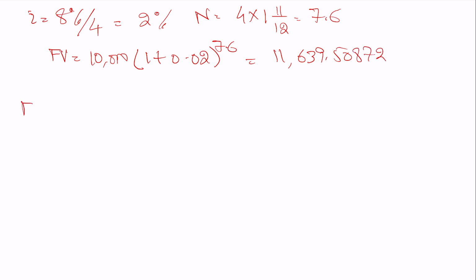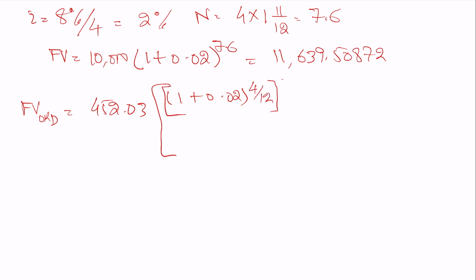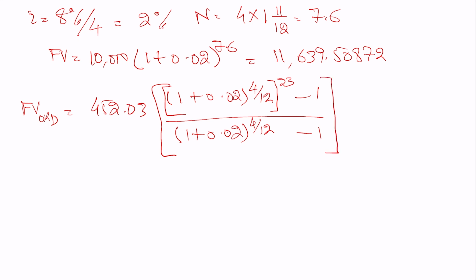And we also find out the future value ordinary with our PMTs, which is 452.03 times 1 plus 0.02 exponent 4 by 12, 4 by 12, and 23 minus 1 over 1 plus 0.02 exponent 4 by 12 minus 1. So we get like 11,190.3915.